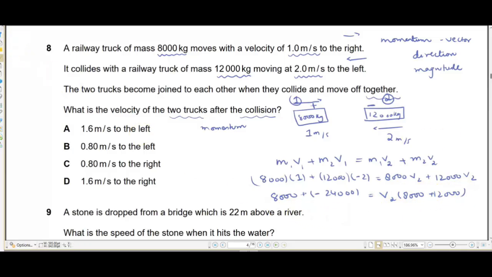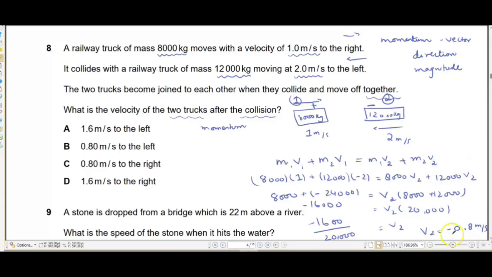The answers that we get are minus 16,000, and adding these gives us 20,000. So minus 16,000 over 20,000 is going to give us the final velocity of these two objects, and it is going to be minus 0.8 meter per second.